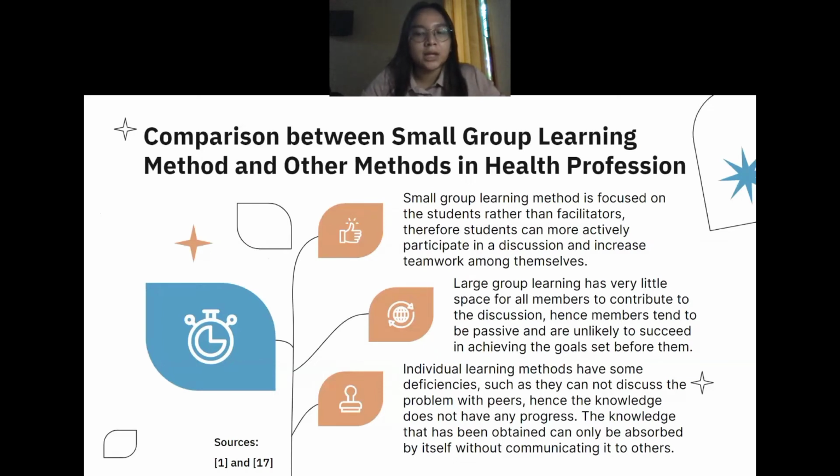Large group learning has very little space for all members to contribute to the discussion. Hence, members tend to be passive and are unlikely to succeed in achieving the goals set before them. For the next speaker, time is yours.